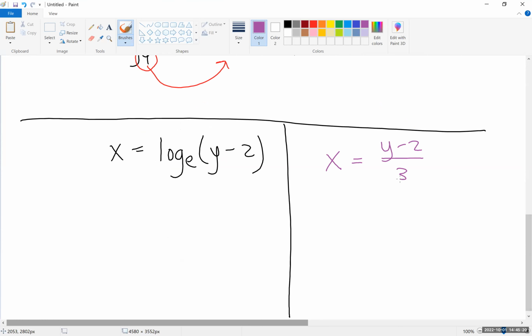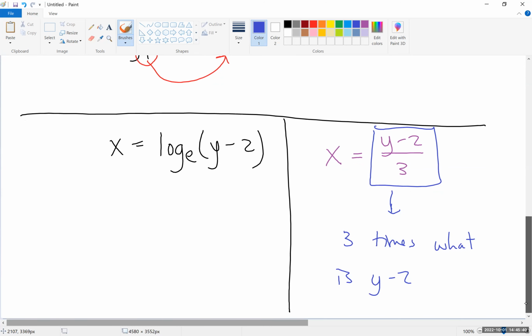If this was the problem, you could use the definition of division. This is super weird, but this is okay. What does this mean? This means 3 times what is y minus 2? Well, you can rewrite this.